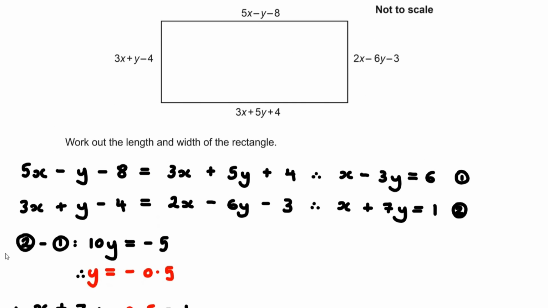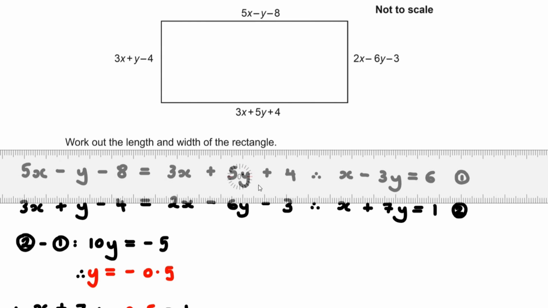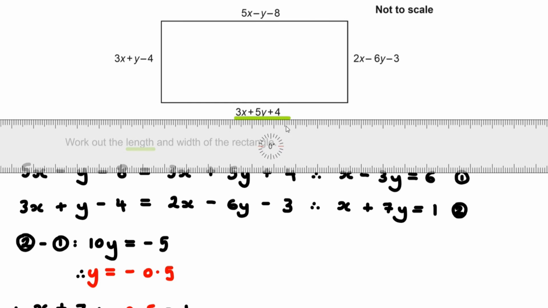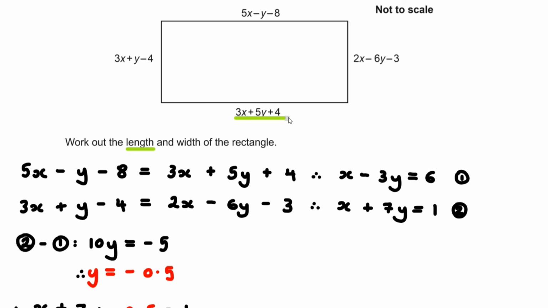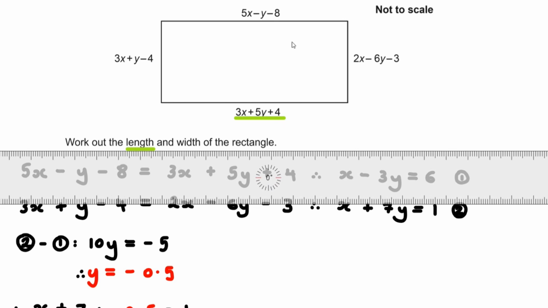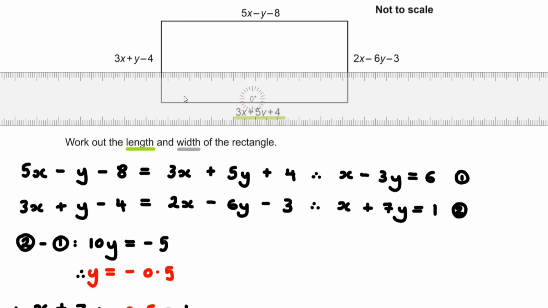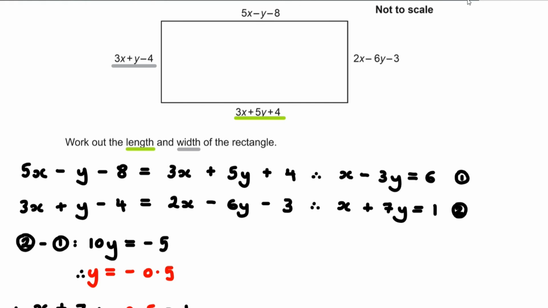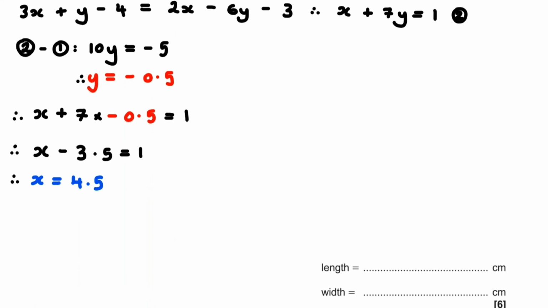Now for us to find out what the length is and the width is, well, the length is this 3x plus 5y plus 4, and the width of the rectangle is the 3x plus y subtract 4. So let's work out the length.